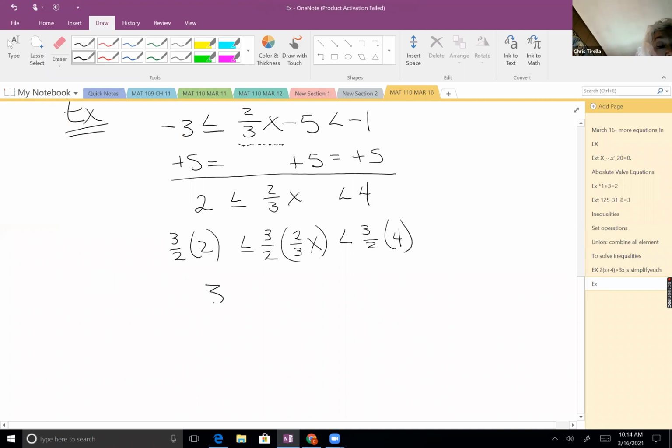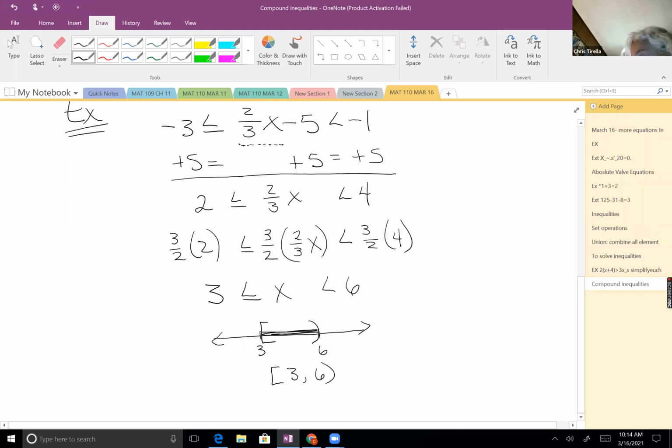That leaves me with 3 is less than or equal to, here the coefficients would multiply to 1, x is less than, here we get 12/2 or 6. On a number line, we're looking at values between 3 and 6. We're including the 3, we're not including the 6. Everything in between, so it would be the interval from 3 to 6.